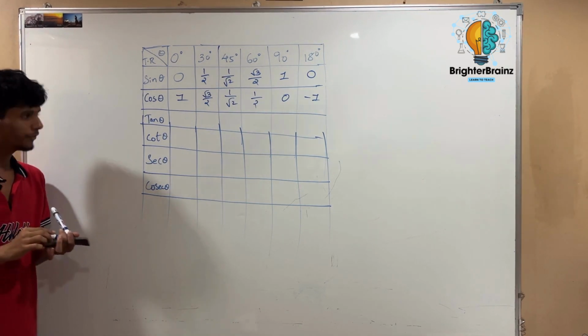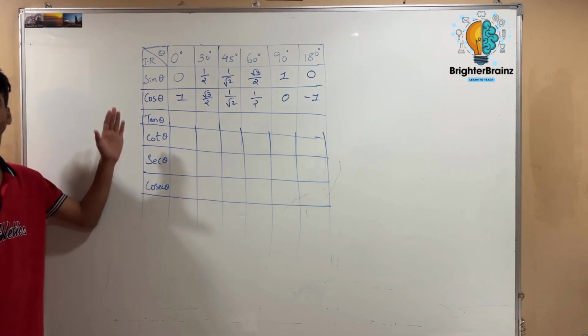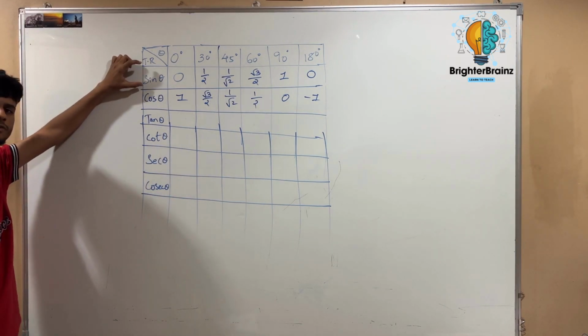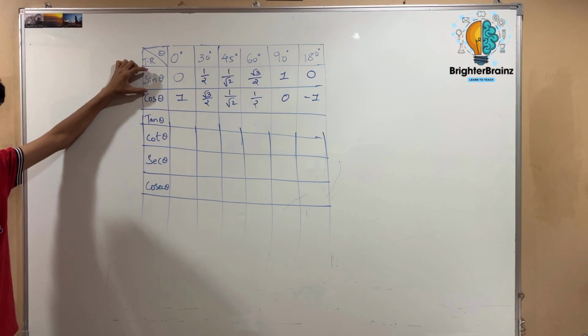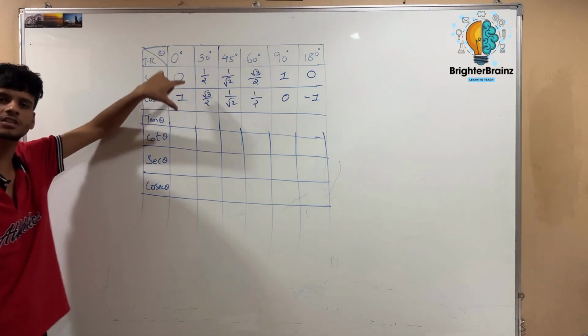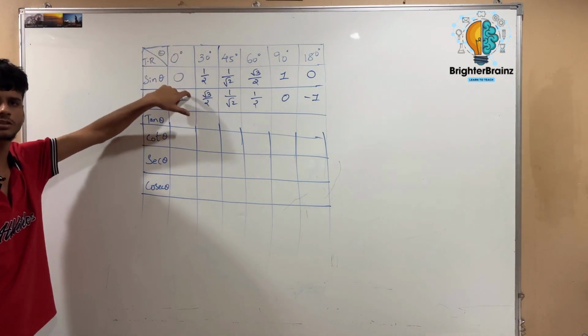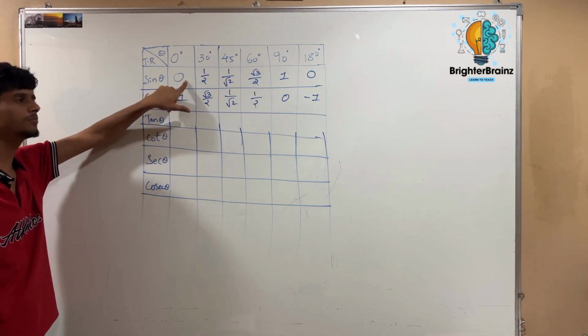First, listen. The first fundamental ratio is sin theta. Sin 0 becomes 0 itself.